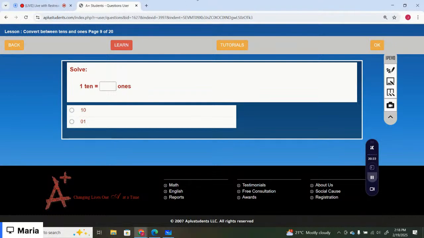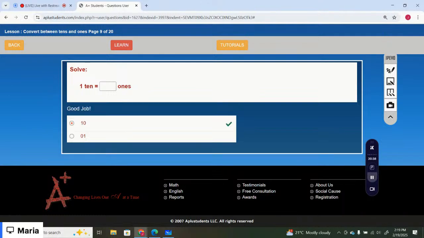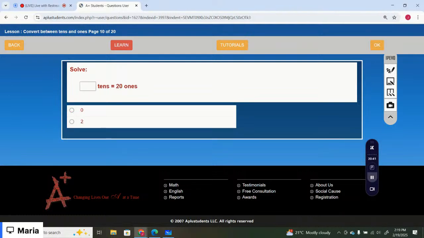1 tens equal how many ones? That is 10 ones. 20 ones equal how many tens? 20 ones equal 2 tens.